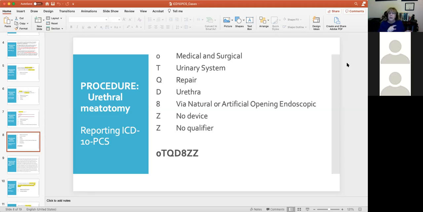Now we know meatoplasty, the medical terminology. The suffix plasty in medical terminology means to repair. Repair, right. So that is a more accurate term used for this procedure.